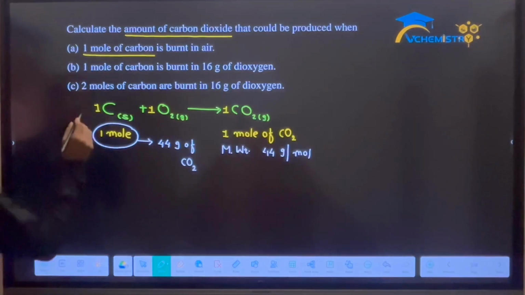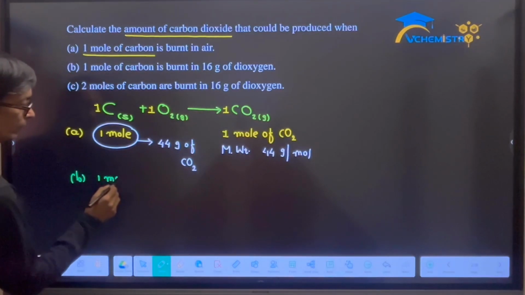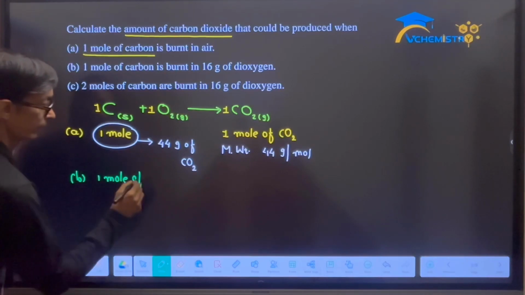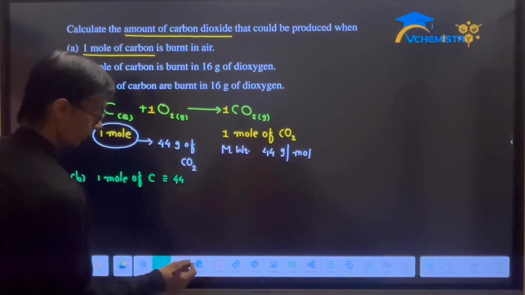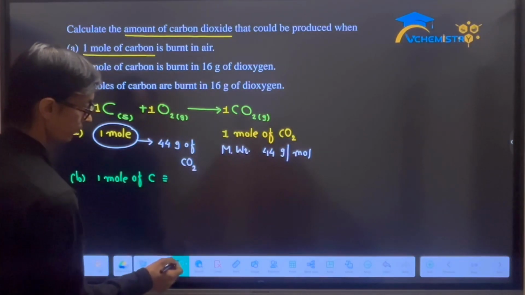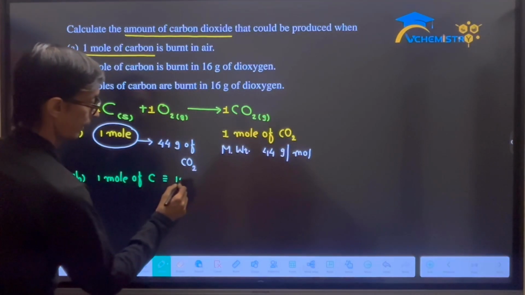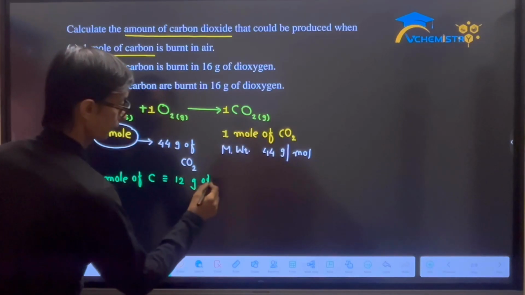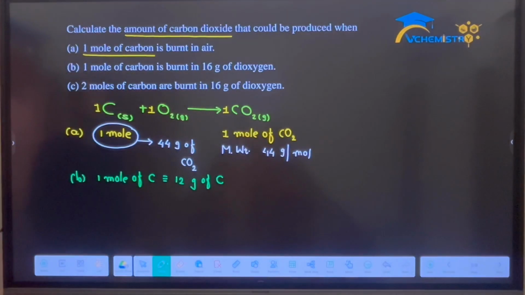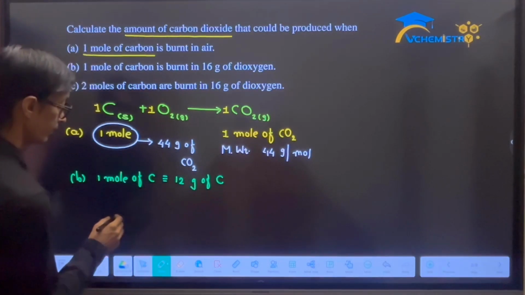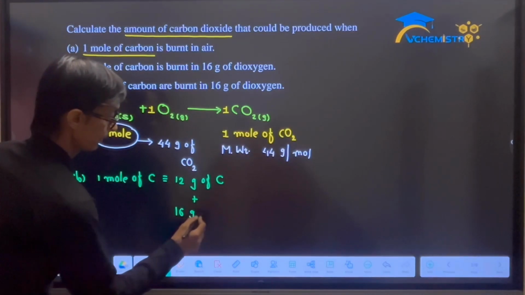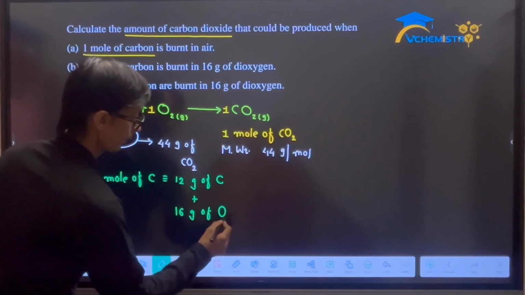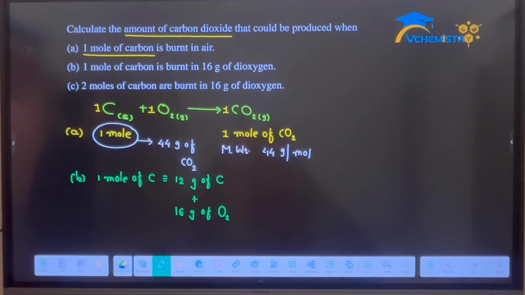What is our requirement? 1 mole of carbon, that means we have 12 gram of carbon, reacting with 16 gram of oxygen. So first of all, we will find the limiting reagent.